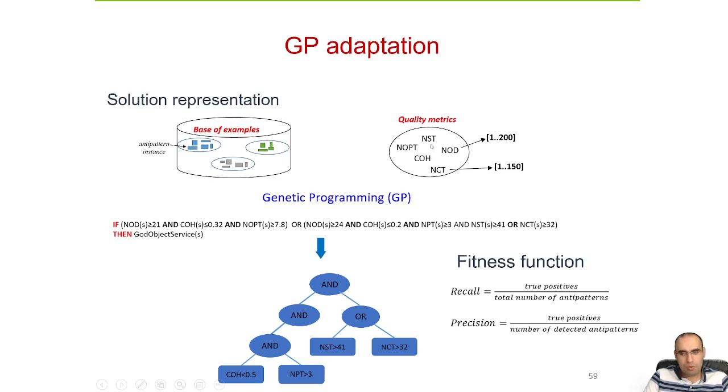For each quality metric, we have some possible threshold values with a lower bound and an upper bound, and we need to find the right threshold to be associated with it. For example, if the number of declared operations in the interface exceeds a certain threshold, this becomes risky and can be detected as an anti-pattern.